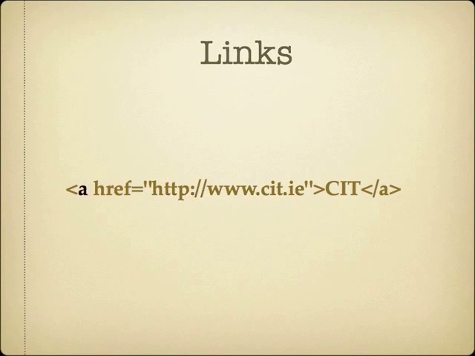A link to the CIT website would look like this. The text inside the tag appears on the page, usually underlined and in a different colour. The address of the second page is more correctly known as the Universal Resource Locator, or URL, and that's between the quotes. If a page is linking to another page in the same location, then there's no need for the full URL.